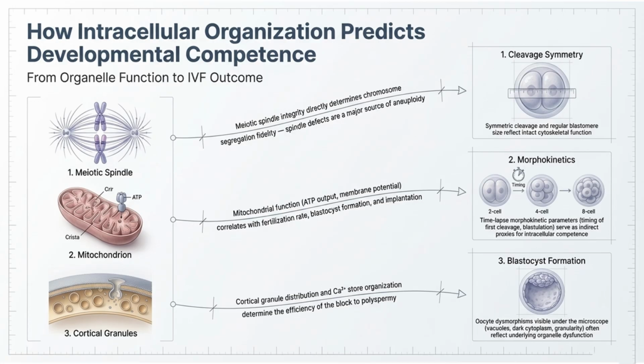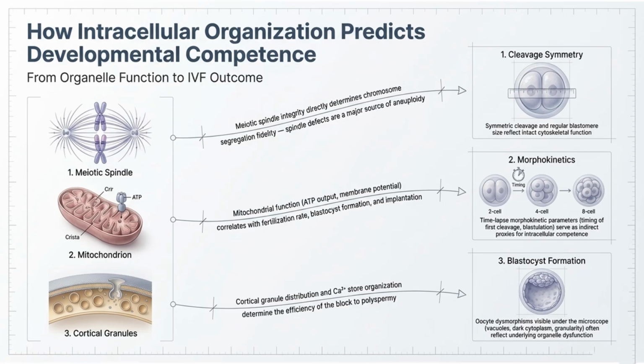And aneuploidy is the single largest contributor to implantation failure and early pregnancy loss after in vitro fertilization. Notice the relationship illustrated here between spindle integrity and aneuploidy risk. This is one of the most clinically important connections in all of reproductive biology.